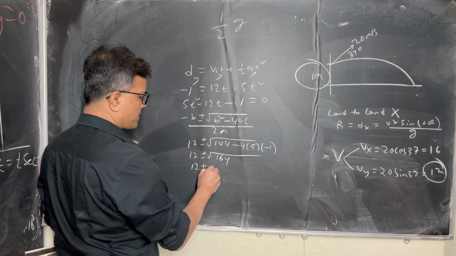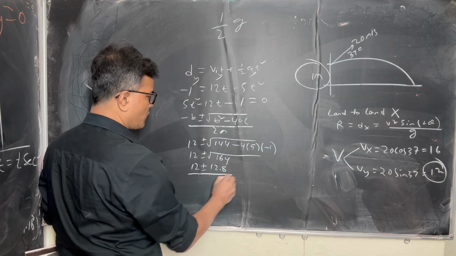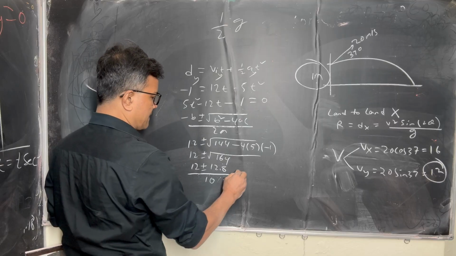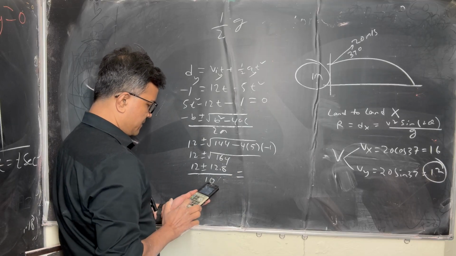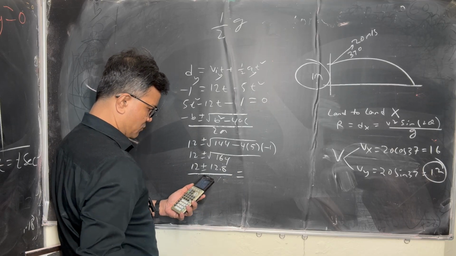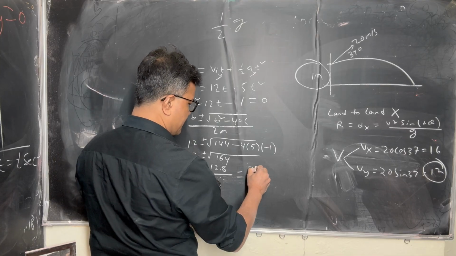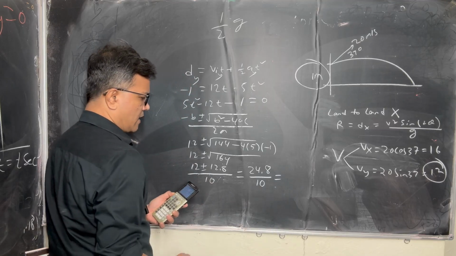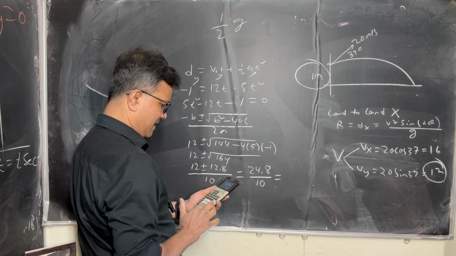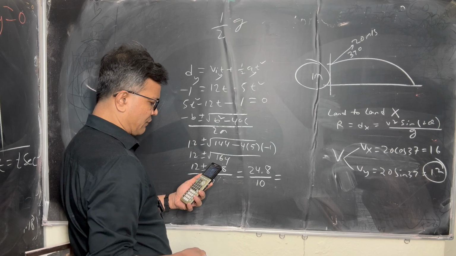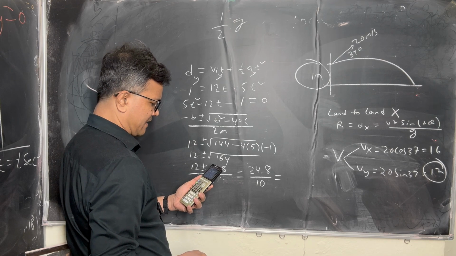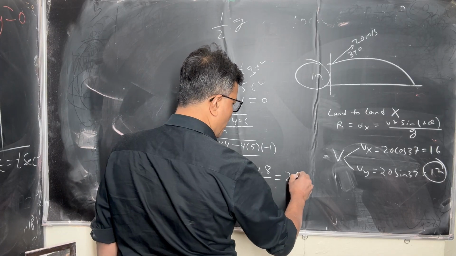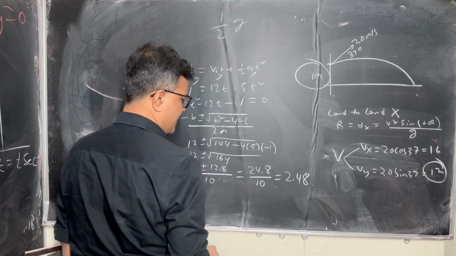So 12 plus minus 12.8. Don't forget to divide by 2a. A is 5, so 10. So plus 12.8 gives 24.8 divided by 10, so 2.48. Okay, 2.48 seconds.